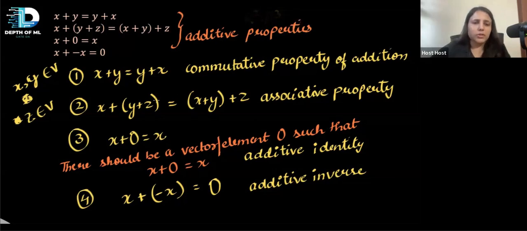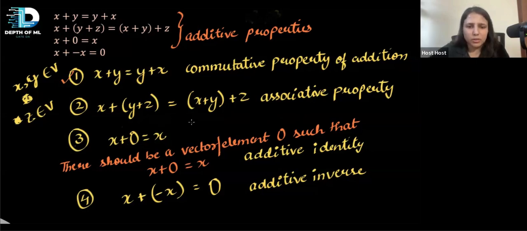So we can check, right? Suppose I take R2. If I add any two vectors and I reverse the order in which I add, this will still hold. If I take three vectors from R2, no matter what order I add them in, I will always get the same vector. Similarly, in R2 there is always a 0 vector, which when added to a vector gives me back the vector.